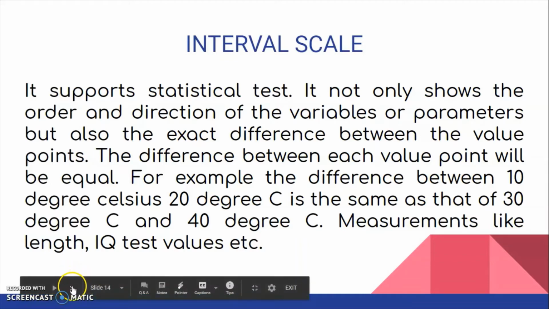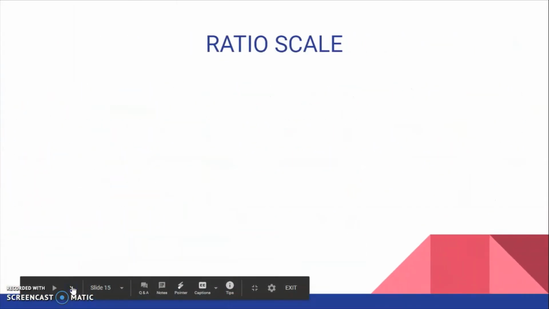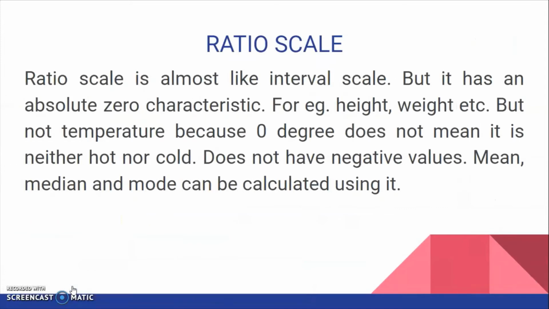And we have one more type of measurement scale, and we call it the ratio scale. Ratio scale is almost like interval scale, but it has an absolute zero characteristic. For example, height, weight, etc. But not temperature, because 0 degrees Celsius doesn't mean it is neither hot nor cold. It doesn't have negative values. Mean, median and mode can be calculated using it.